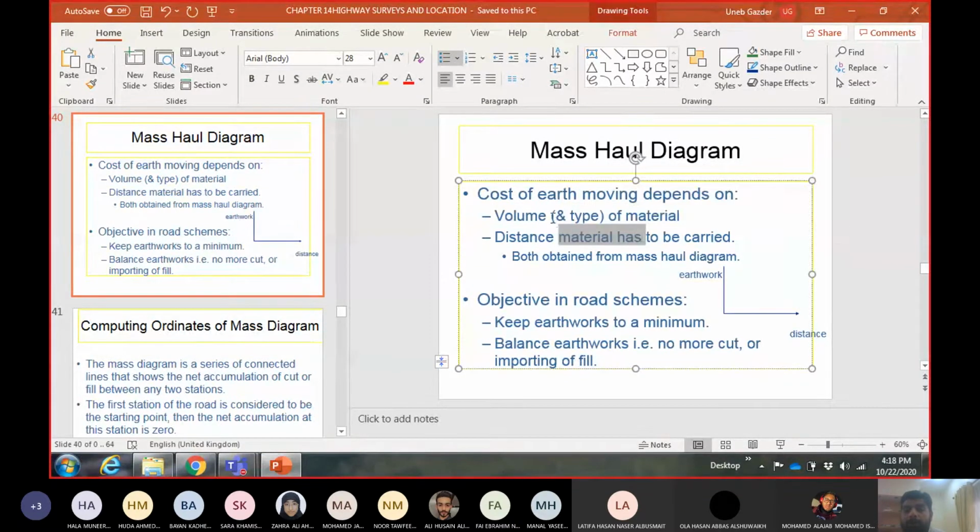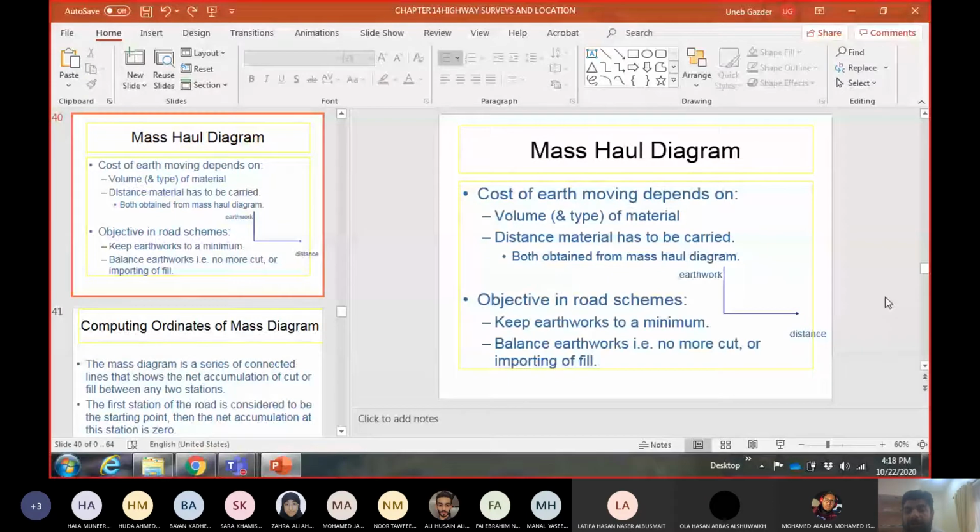Volume you have already calculated. The type of material is generally not a problem, because contractors usually give you a standard rate for earthworks for the normal variety of material. So if you have sand of this type, they are already prepared for it.